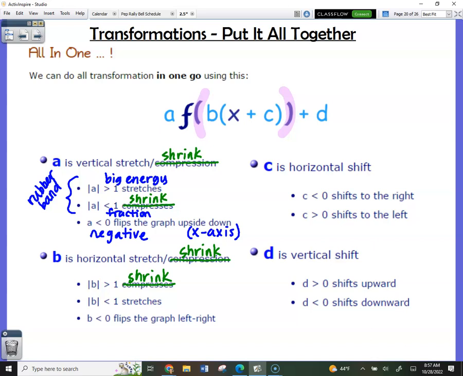The number, if the number is bigger than 1, it's stretch. If it's less than 1, it's shrink. The placement of the number, if the number is in the very front, it's vertical.